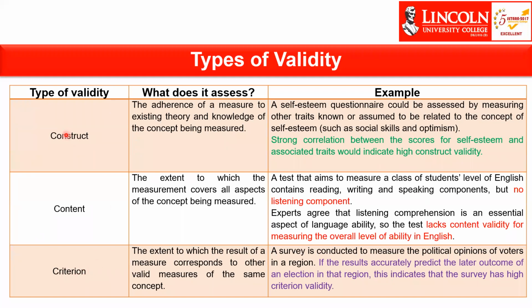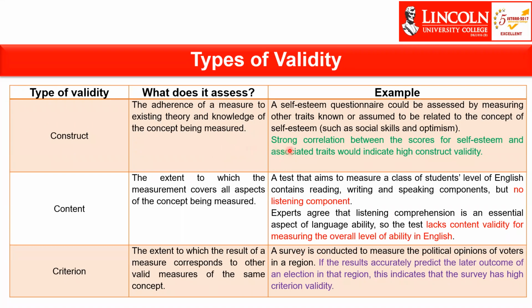Now, for construct, what does it assess? The adherence of a measure to existing theory and knowledge of the concept being measured. An example could be a self-esteem questionnaire, which could be assessed by measuring other traits known or assumed to be related to the concept of self-esteem, such as social skills and optimism.